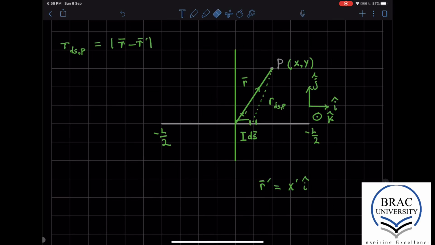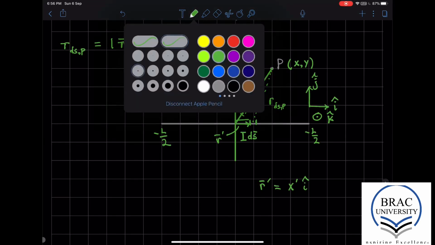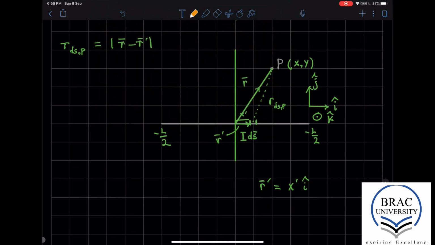As you can see, this is the vector r prime, and here is our vector r, and therefore this is the vector r minus r prime, and its length is given by this distance.